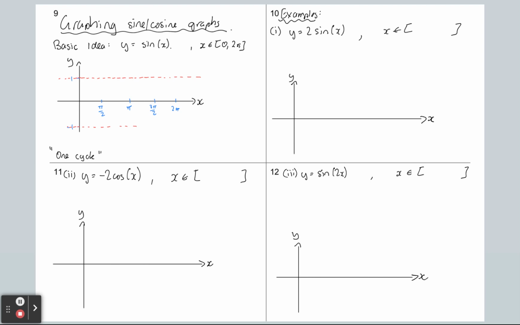And if there's a translation, you'll also put a middle line in as well, but we don't need to do that for this one. Now I'm going to grab my dots here, and I know what my sine graph shape looks like. It goes from 0, and then it goes up to pi on 2, then it goes down to pi, then it goes down to 3 pi on 2, then goes up to 2 pi to finish.